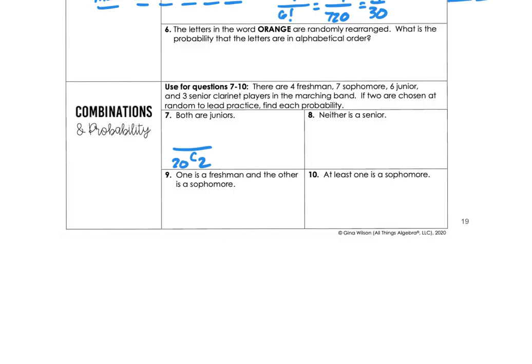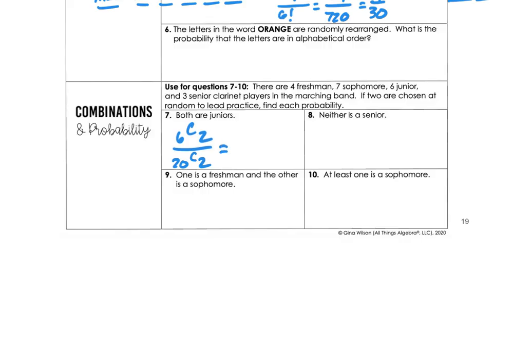What is the probability that both of the people I pick are juniors? Well, how many juniors are there in the clarinet section? 6. So out of the 6 juniors, what's the probability that I would select 2 of them? So we're limiting. The top number should always be a little bit less, a little bit more limited, right?